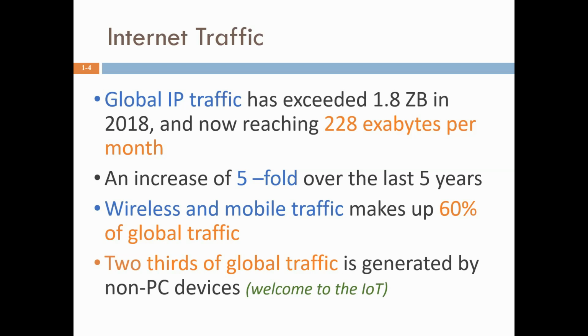And as of 2020, we are now reaching over 220 exabytes per month. That's times 10 to the power 18. This is a huge growth of traffic in the last period of time, thanks to the growth of streaming platforms, as well as Internet of Things applications and non-PC applications as well.